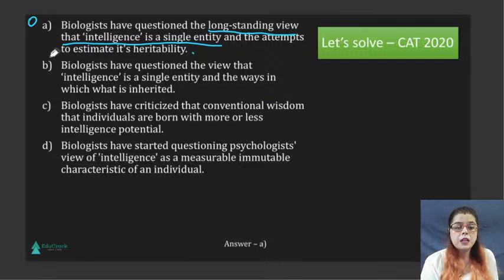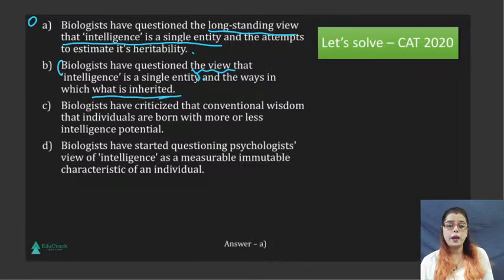All right. So biologists have questioned the view that intelligence is a single entity, right? This is correct. They have questioned the view. Even if I say that the view here is a little vague because we're talking about a long-standing view, that is fine. And the ways in which what is inherited. The biologists have not questioned inheritance, right?